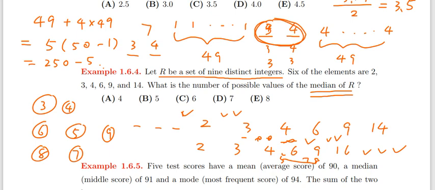So can 14 be the median? If we put 3 numbers here, 14 still cannot be the median. So we have only these 7 possible numbers.